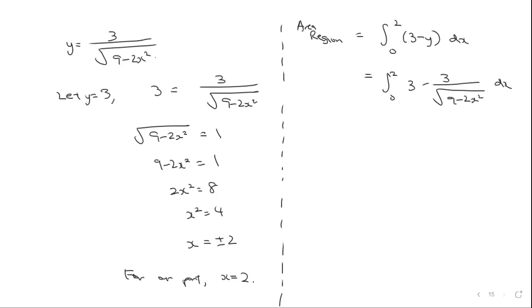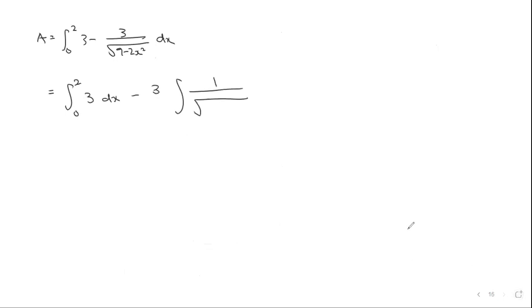That's the integral from 0 to 2 of 3 dx minus 3 times the integral of 1 over the square root of 9 minus 2x squared dx. Let's take out 2, which means you've got 9 over 2 minus x squared.